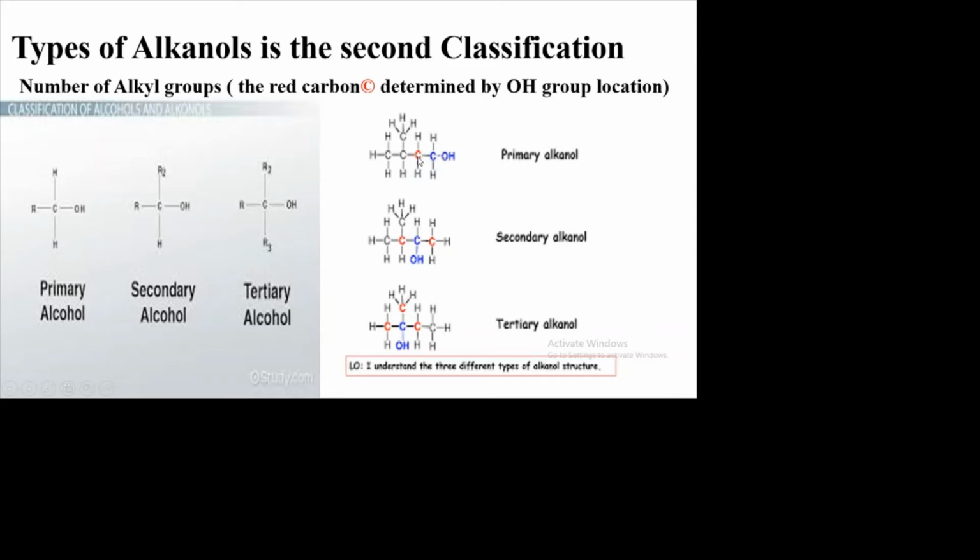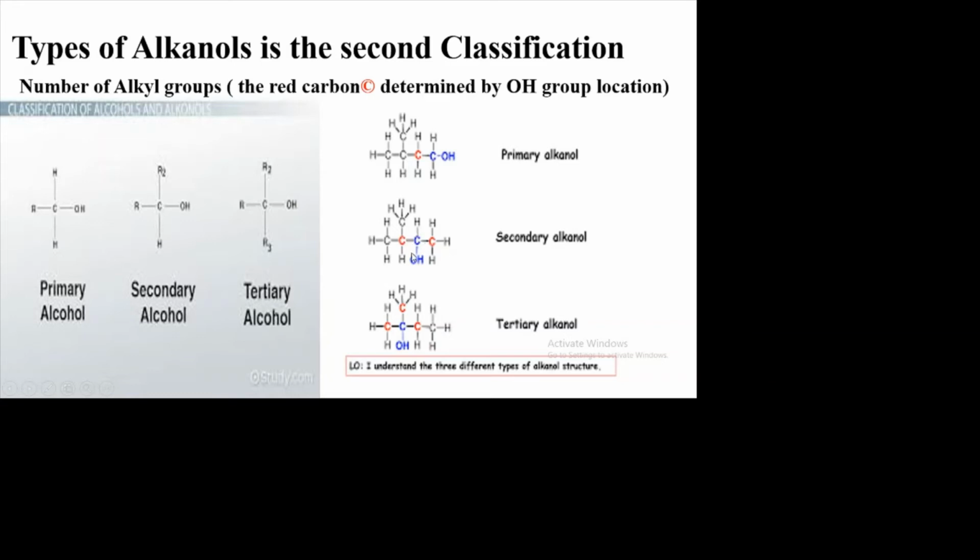So the second carbon, count it. For all the other ones, just look at how many alkyl groups. It is only the carbon attached to it that will define this type of alkanol. Look at this, the red determined by OH. So this is 1. Now look at this, the OH is already moved from here to the second carbon.